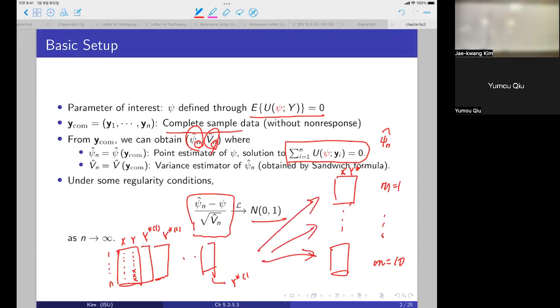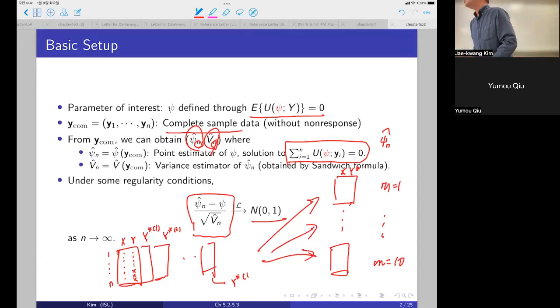And then for each data set, you have a very nice original data, right? I mean, you can treat it as an original data and apply this estimation method. And then from each data set, you can compute the point estimator and variance estimator.